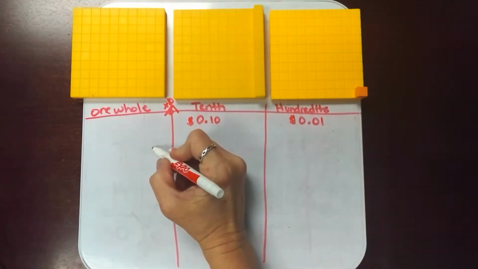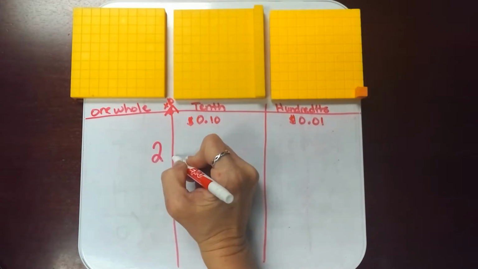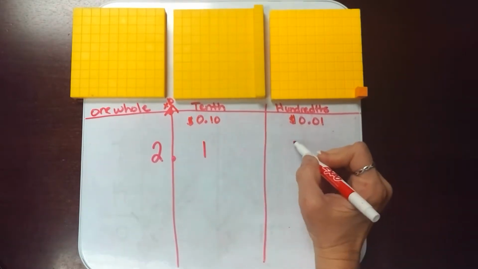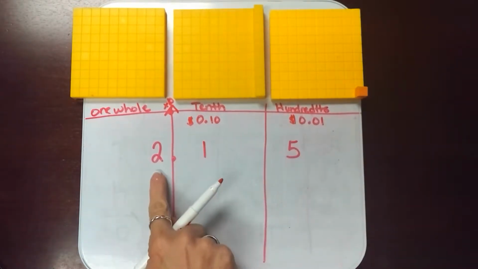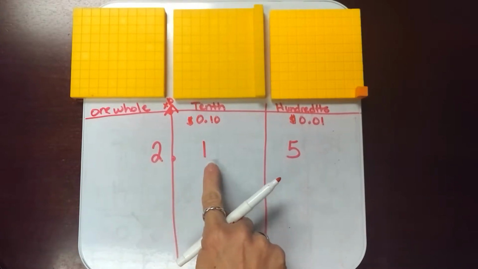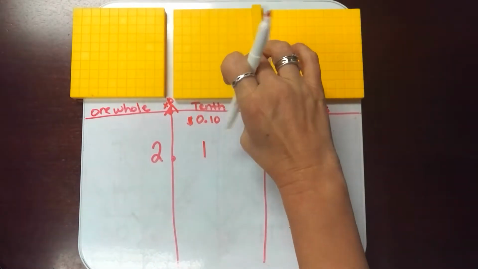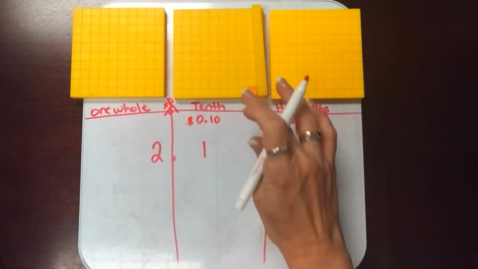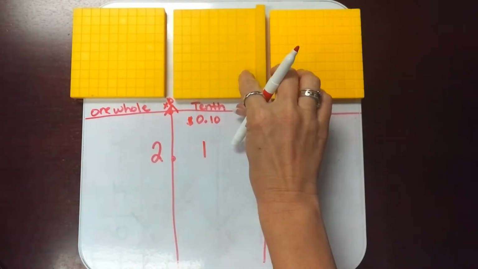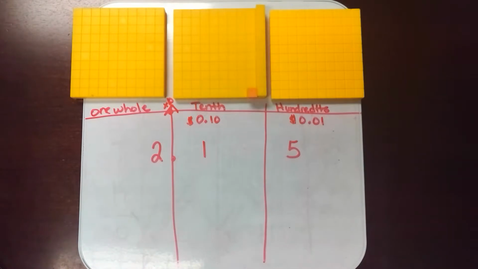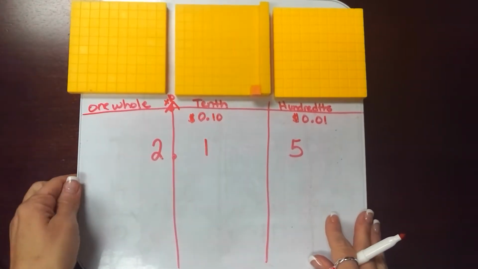From there, we can talk to students about how to read this decimal. It's 2 and 15 hundredths. So it's like I have one whole row of these and then 5 ones. Okay? So as far as concrete models go, we can always go back to base 10 blocks.